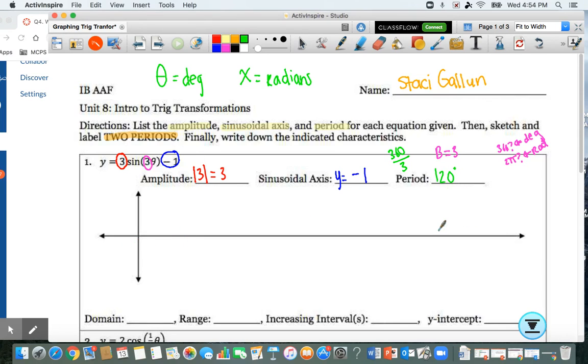So along the x-axis, I'm going to have to do, let's see, 240, right? Because I need 2 periods. So 1 cycle is 120. 2 must be 240. And then what did they say? They said they want to, well, let's see. So 1 rotation would be 120.